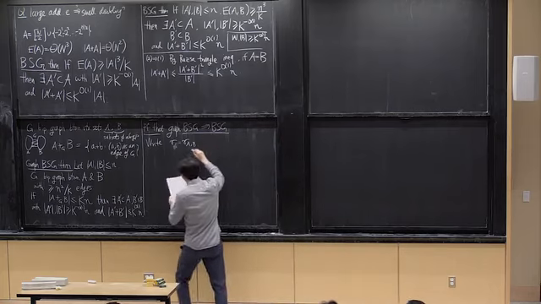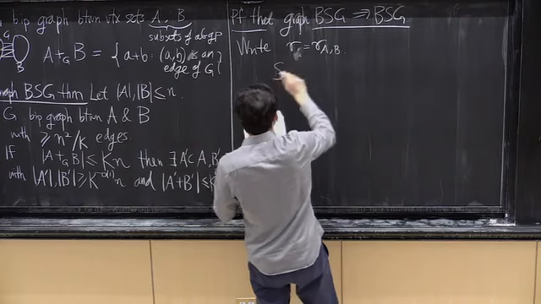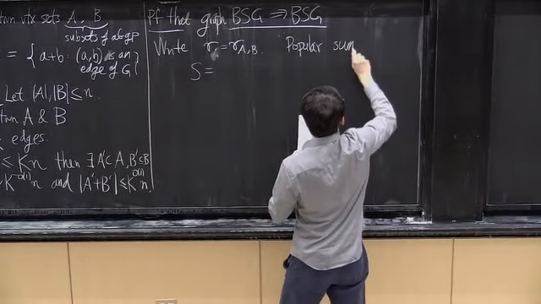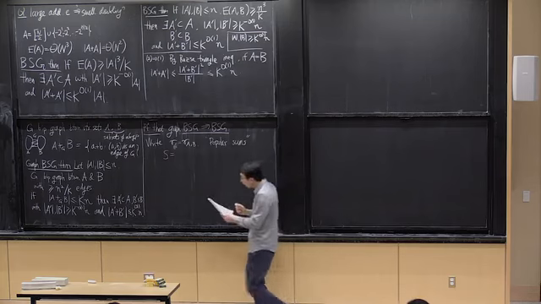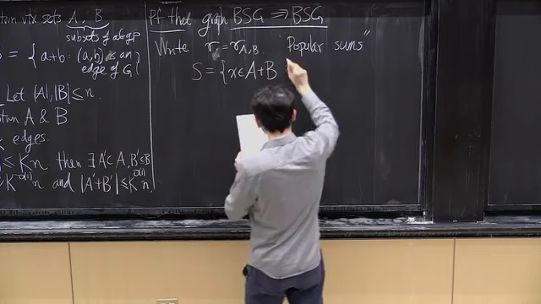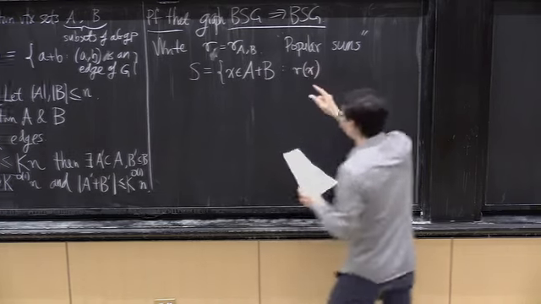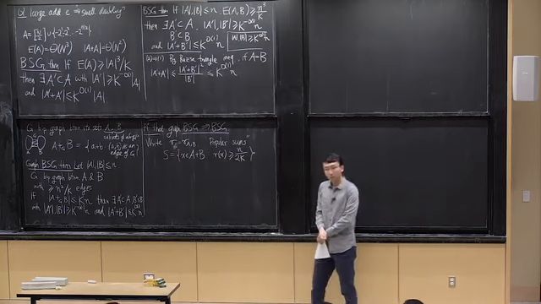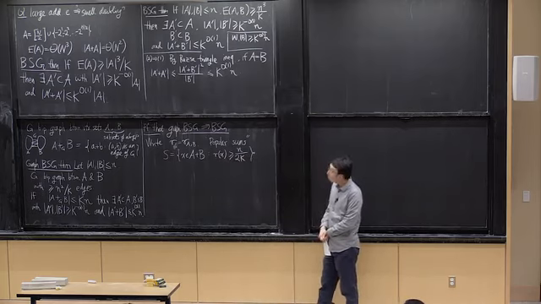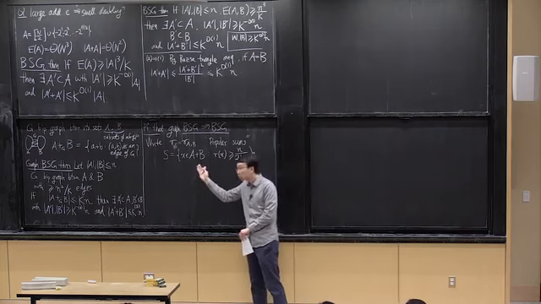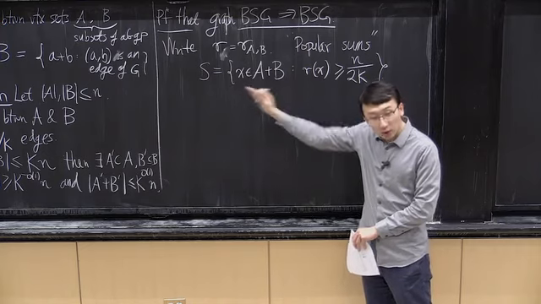So let's consider the popular sums. The popular sums are going to be elements in the complete sum set such that it is represented as a sum in many different ways. And we're going to take edges that correspond to these popular sums.